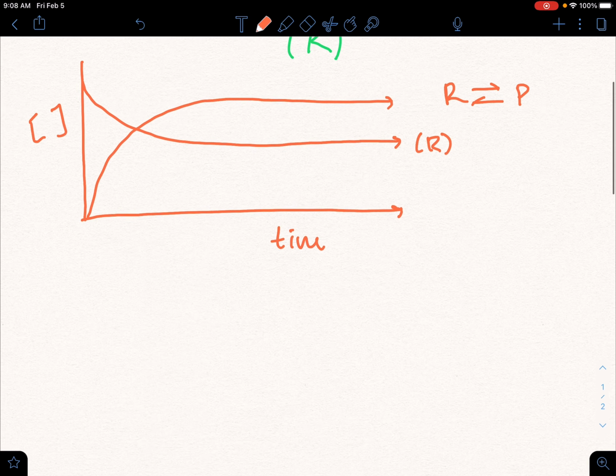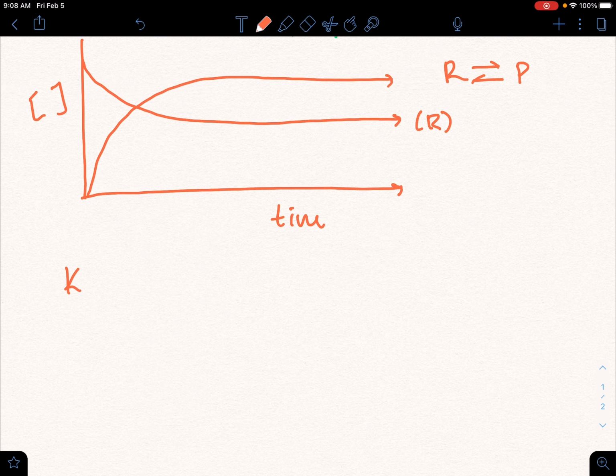So we're going to use this equilibrium constant called K, capital K, equilibrium. The equilibrium constant is the ratio of the forward reaction and the reverse reaction.